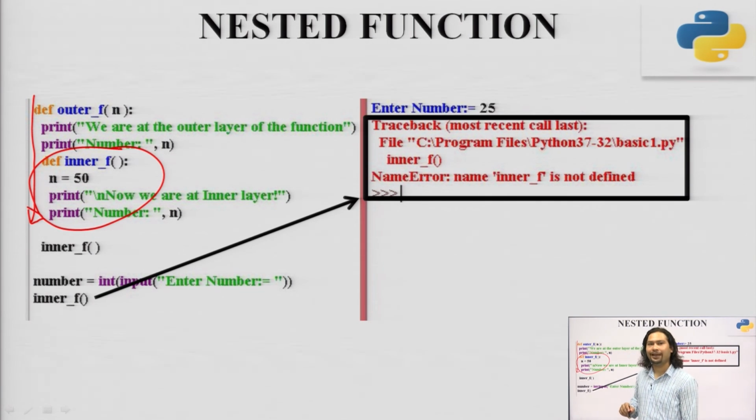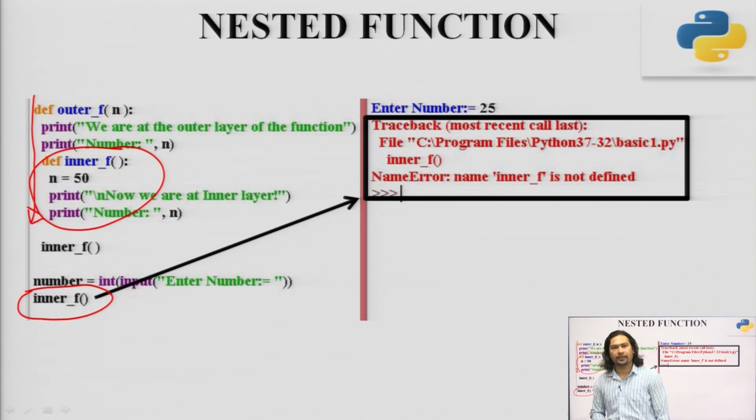Why? Because the access is given to the outer function only. This means that when we are going to call the inner function directly, now this is not going to help. Why? Because you need to go for outer function. The outer function holds the definition of the inner function.